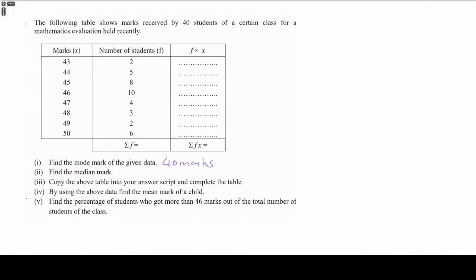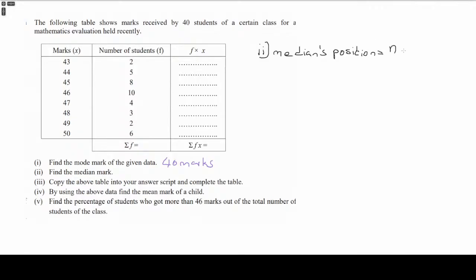Find the median mark. How do we find the median mark? First, we got to know what the median's position is. So median's position: when we keep the students in a queue, starting from the lowest marked student to the highest marked student, which student is going to come in the middle place? Median's position. How do we find that?